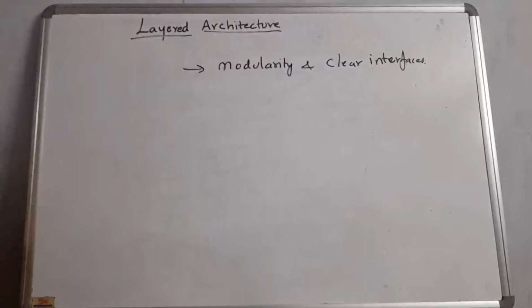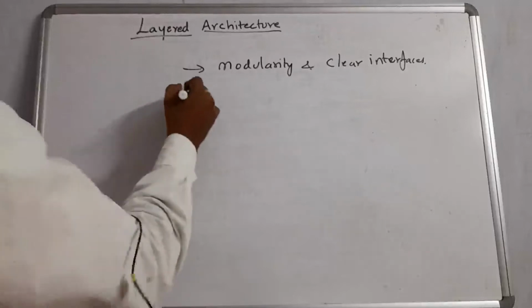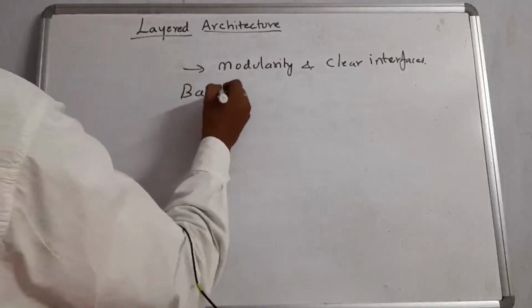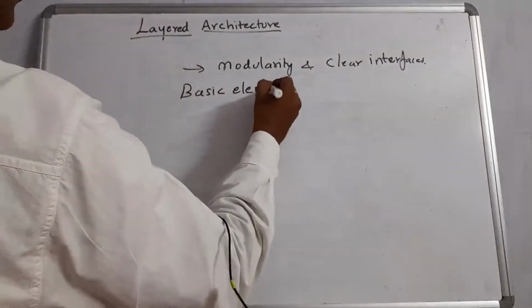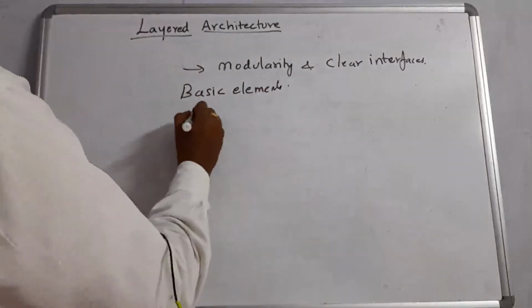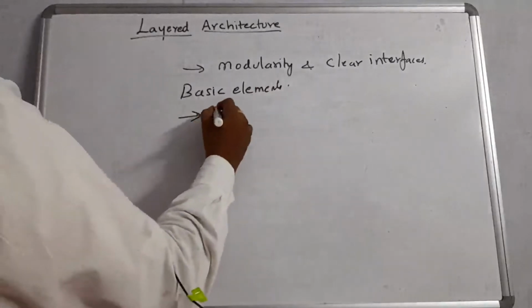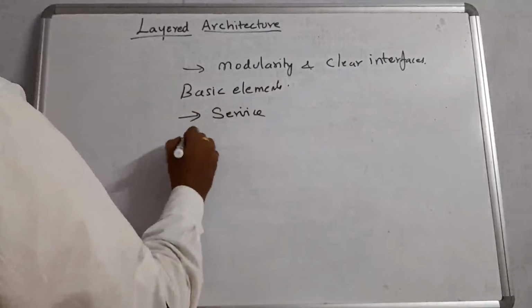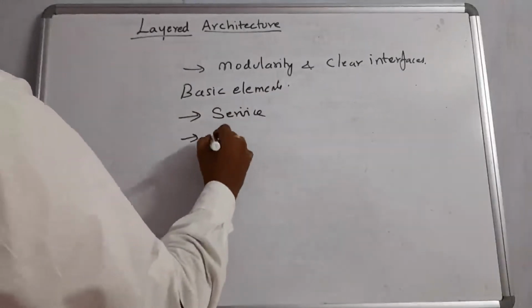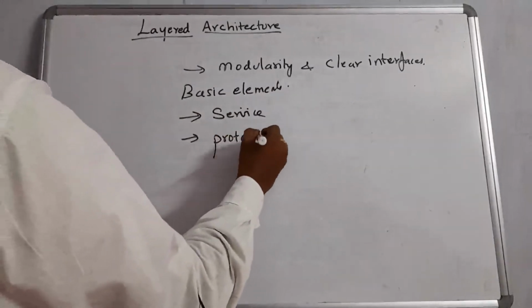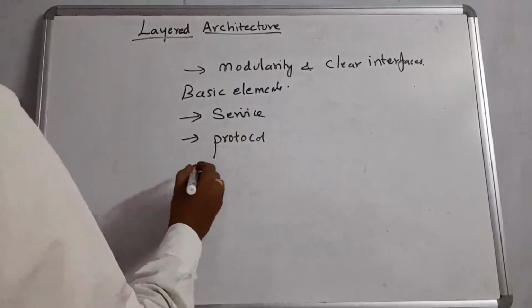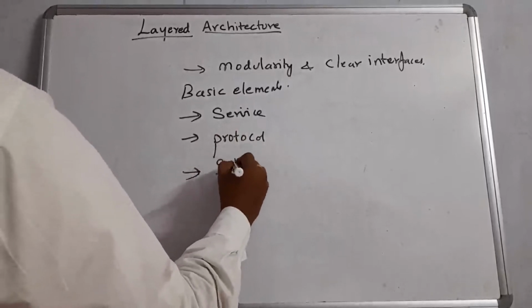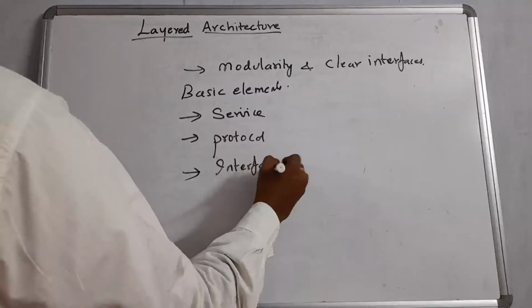Coming to the basic elements of the layered architecture: what are the basic elements? The basic elements are service, protocol, and interface.